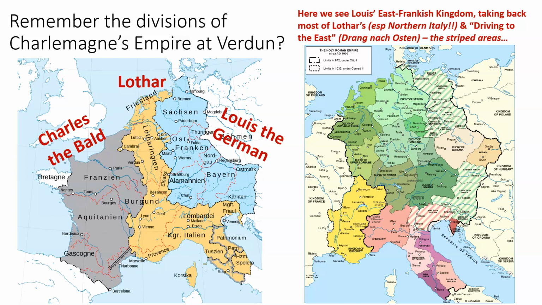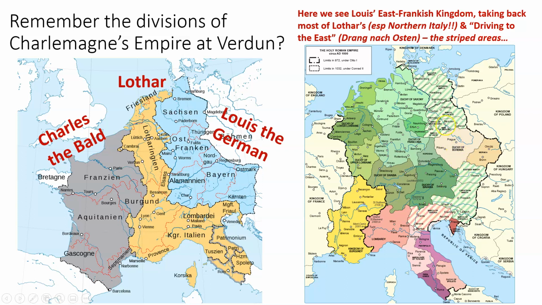And so it's not hard to see that as you move from this map over here into the Holy Roman Imperial map for the year 1000, you see essentially that Eastern kingdom, this Eastern Frankish kingdom, having absorbed the kingdom of Lothar, by and large, including these Italian sections, and then pushing into the east, all these striped regions are part of the Drang nach Osten.